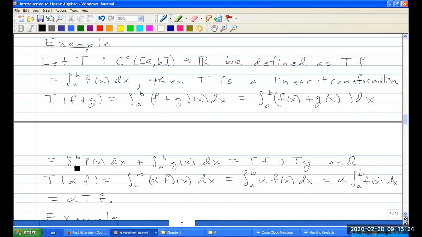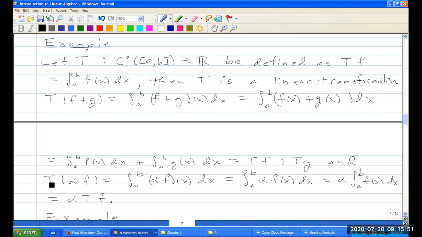This is the same as the integral from a to b of f of x dx plus the integral from a to b of g of x dx. But this is just Tf, and this is Tg.